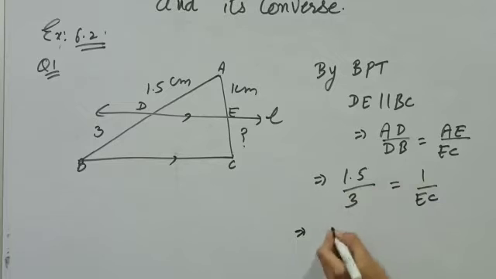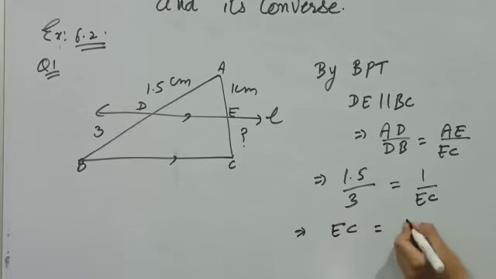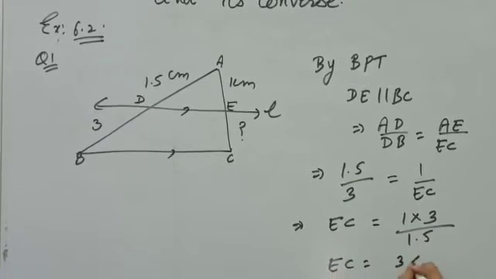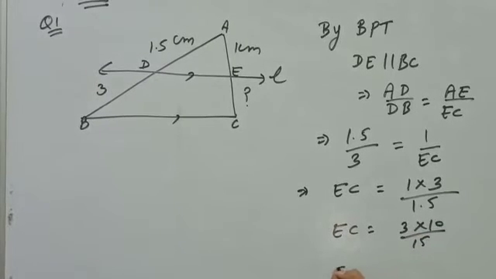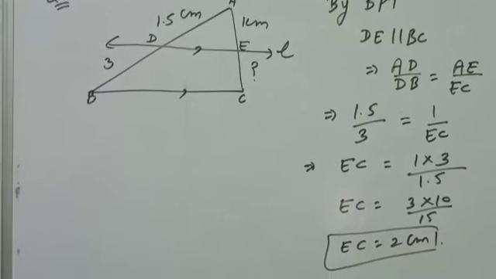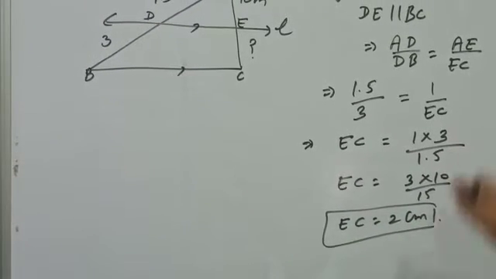By cross multiplying, EC is equal to 1 multiplied by 3 upon 1.5. Simplifying, we get 3 into 10 upon 15, so EC is equal to 2 centimeter. Okay, so this is the use of the BPT.